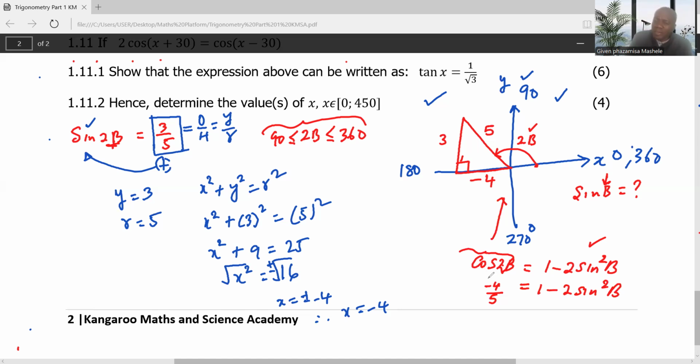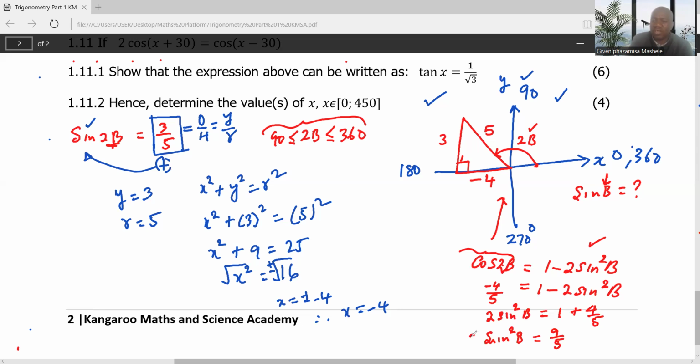To do that, I can transpose 2 sine squared beta to the left-hand side, then minus 4 over 5 to the right. So this will be 2 sine squared beta equals 1 plus 4 over 5. 1 plus 4 over 5 is just 9 over 5.